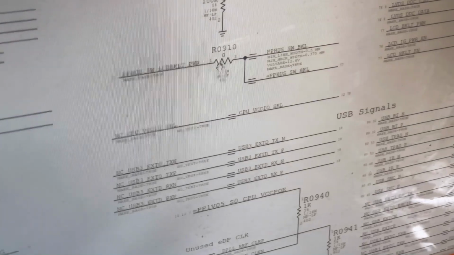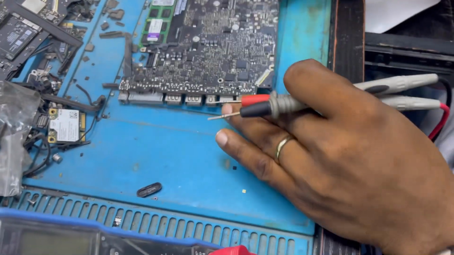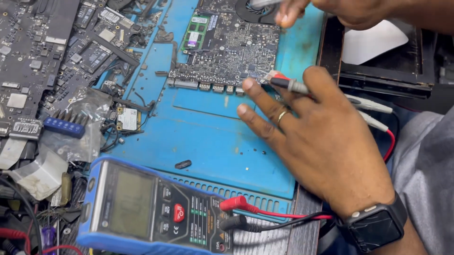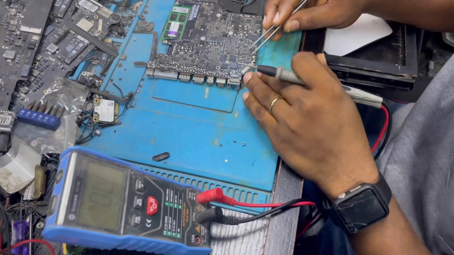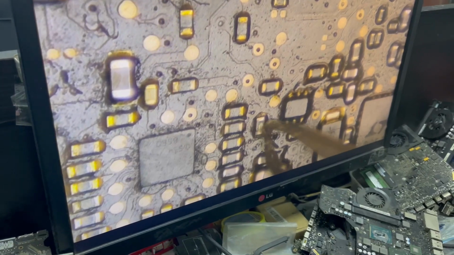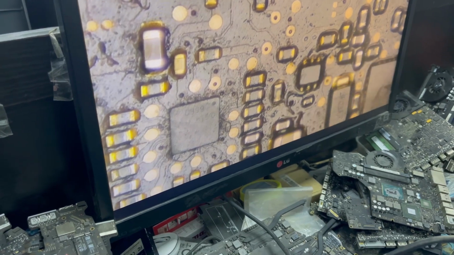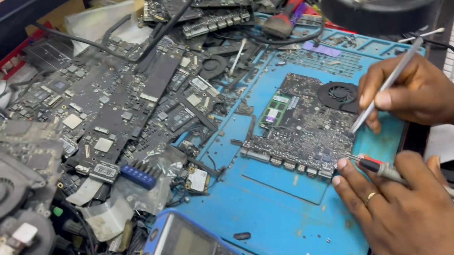It's sent to resistor 0910, which is this, and this resistor is a 0 ohm resistor. This is where it is located. This is your 0910. I replaced it also because I later found out that it was not sending. I replaced it, and still the system would not stay up.